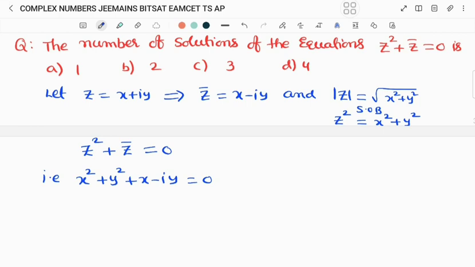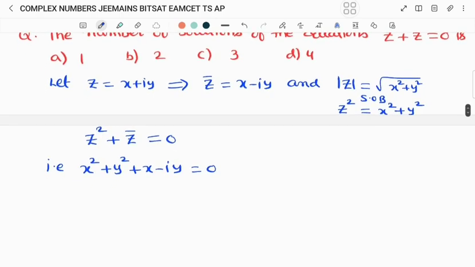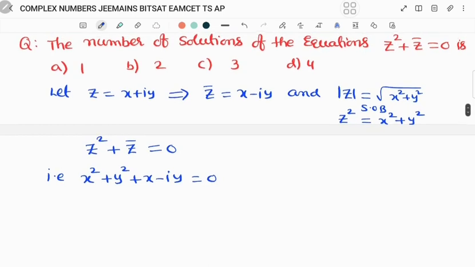Okay, dear students. Now we are not asking mod z square, no, z square general value we are asking. So like this also we can go.